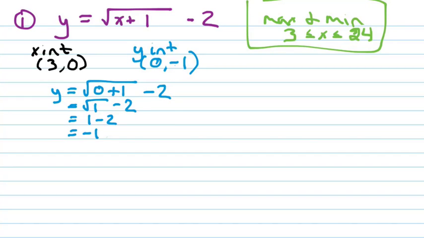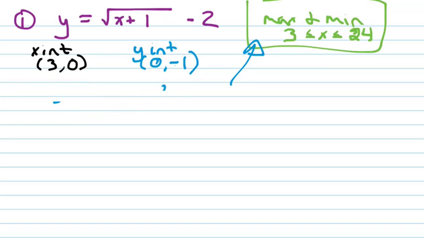And so now we're going to find our max and min for the restricted domain. What that means is I'm only looking at what's happening from 3 until 24. So I need to figure out what's happening at 3 and what's happening at 24, because there's no curves on this graph. And so when I plug in a 3 and when I plug in a 24, those are going to be my high or low values.